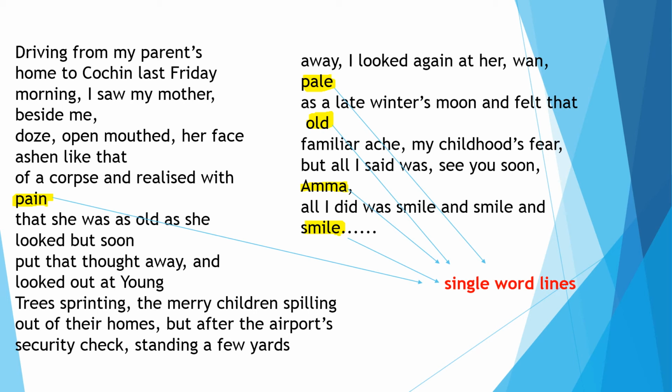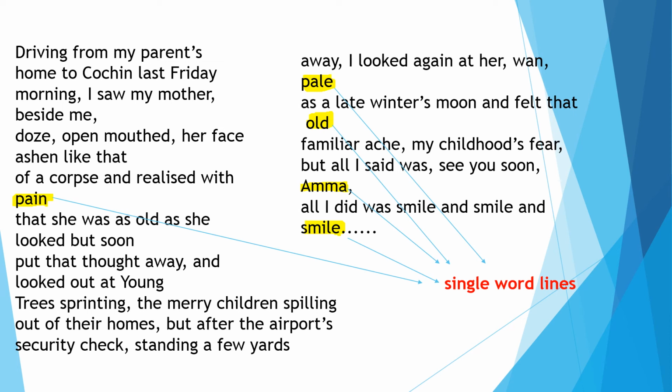The first one you see, pain. That's a predominant feeling in the whole poem. It fills her mind. This is not a coincidence. The poet uses a technique of using single word lines. Here, pain, to show the intensity or the magnitude of her pain.